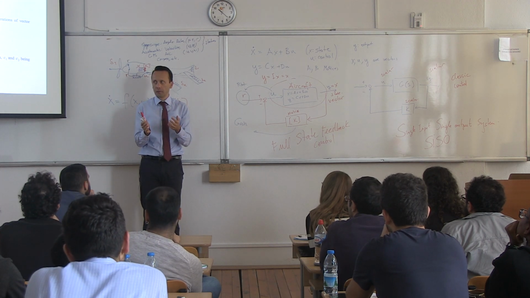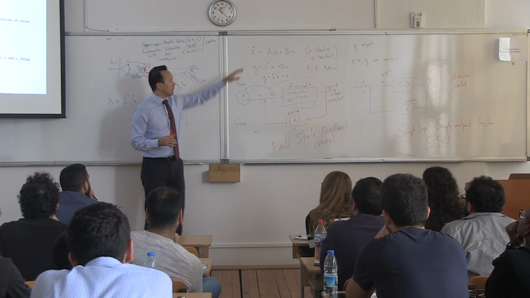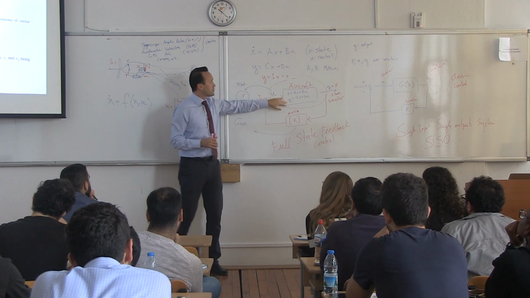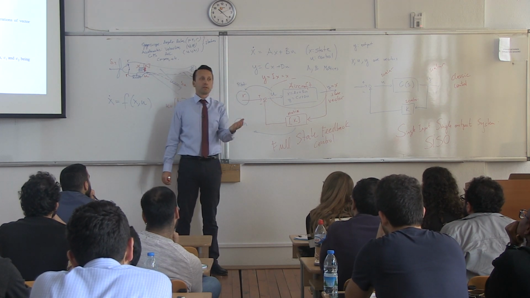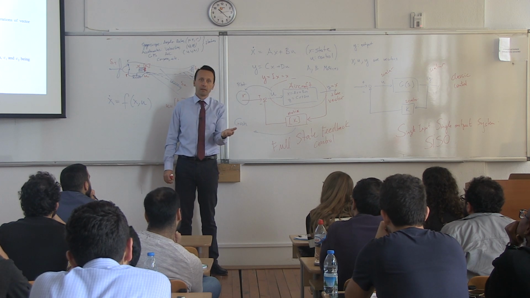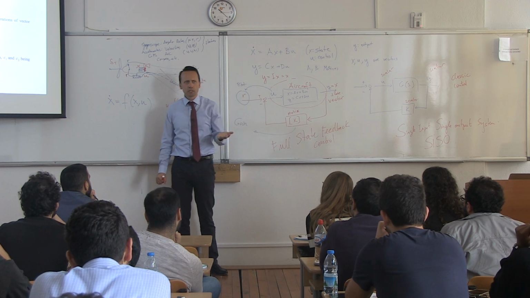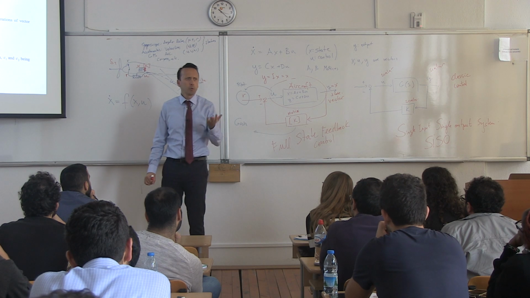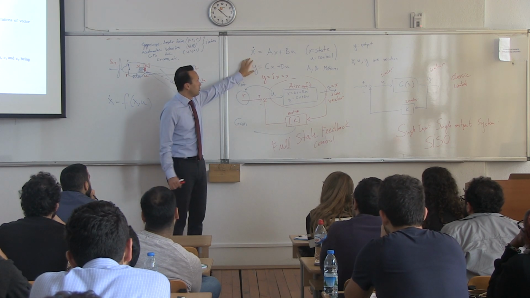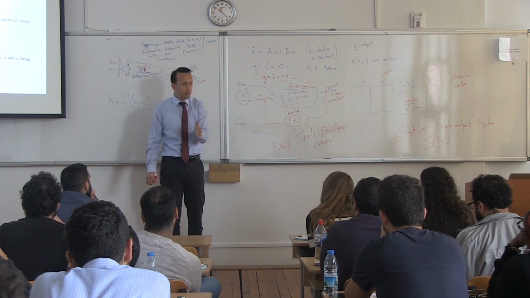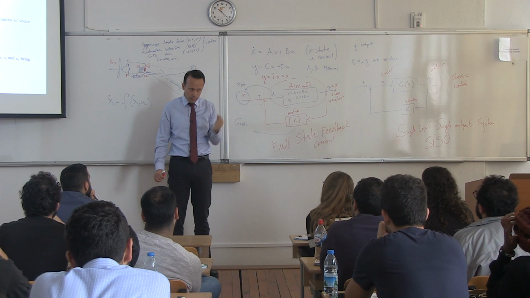Remember that? Okay. So, when I say the airplane is represented by a linear system, what would be the first question you ask me? It would be, which linear system are you talking about? Around which equilibrium point was this linearized? This is only valid around an equilibrium point of the airplane. Not everywhere, around one equilibrium point.